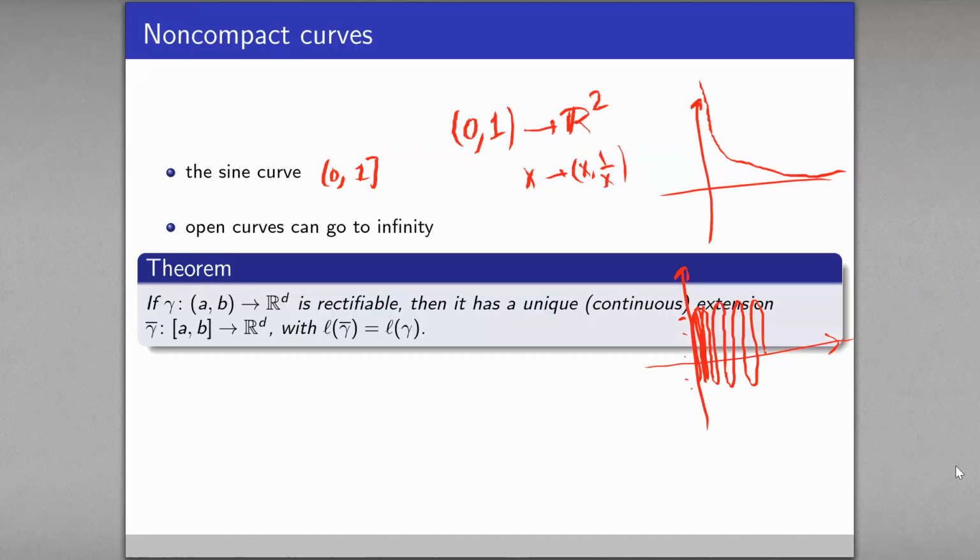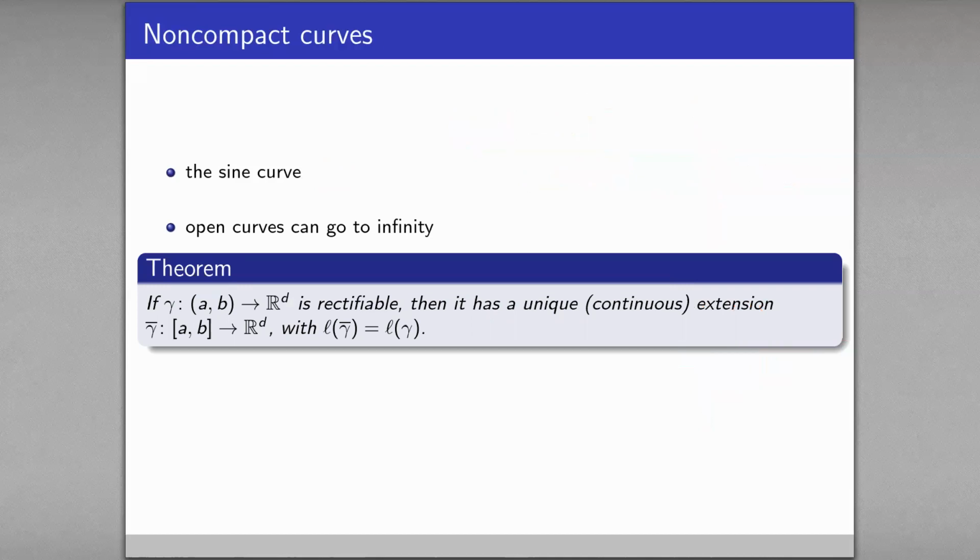An amazing theorem is that if you begin with an open interval and your curve ends up being rectifiable, then you can uniquely extend it to the endpoints. It means that this, in fact, was a closed curve, and not including the endpoints was just superficial.